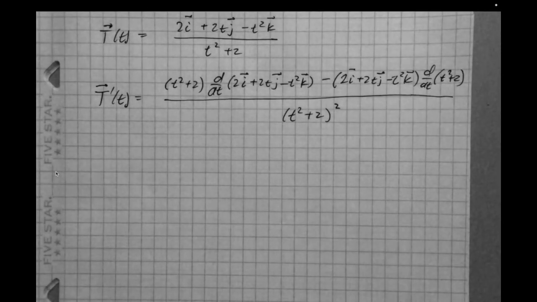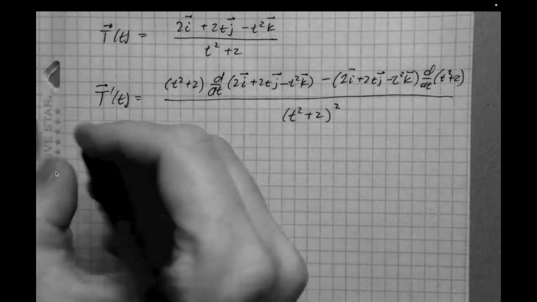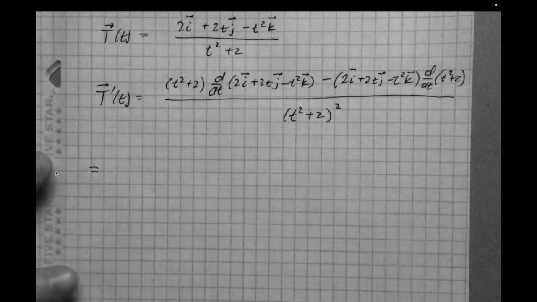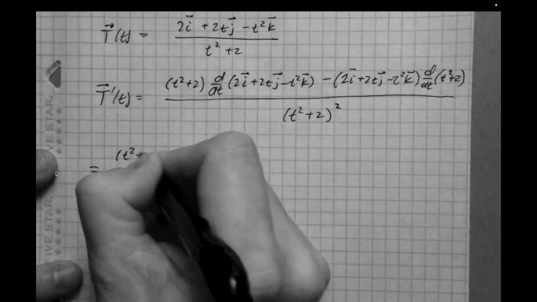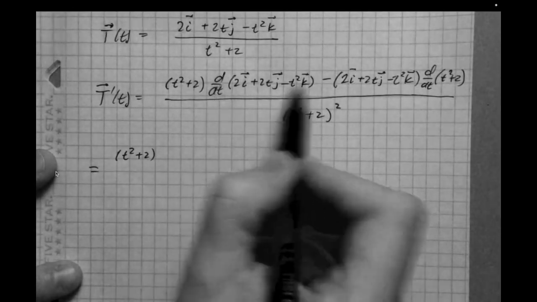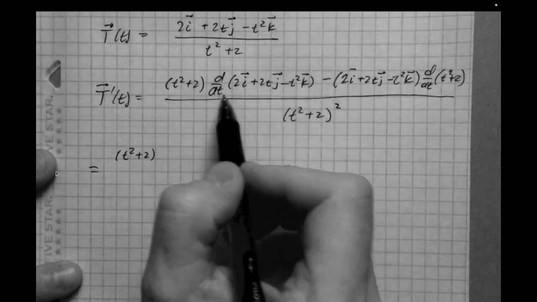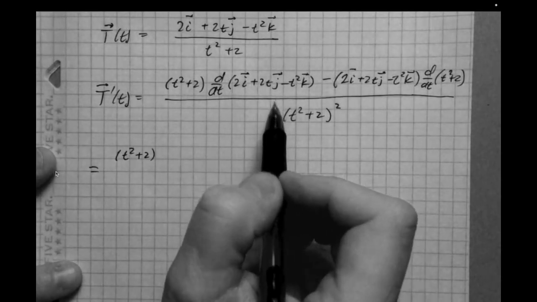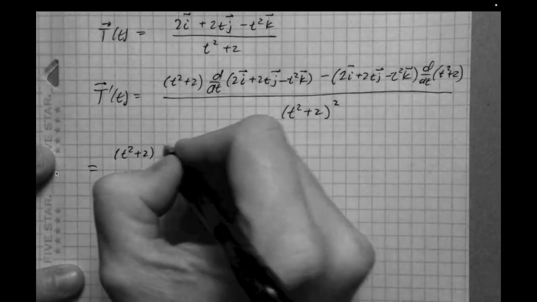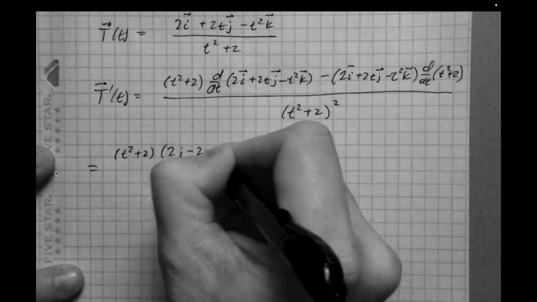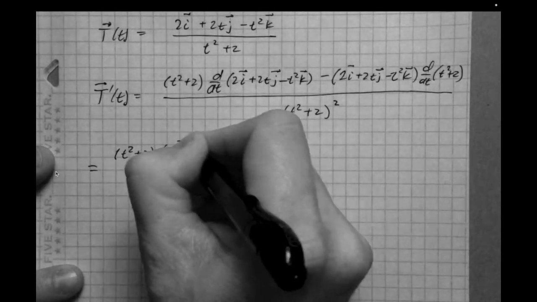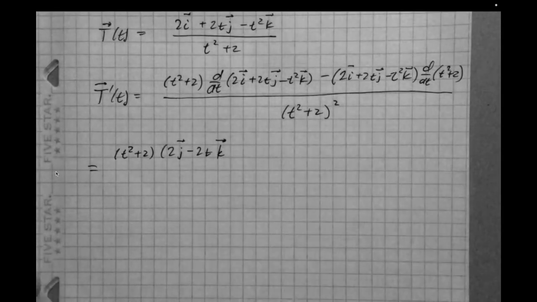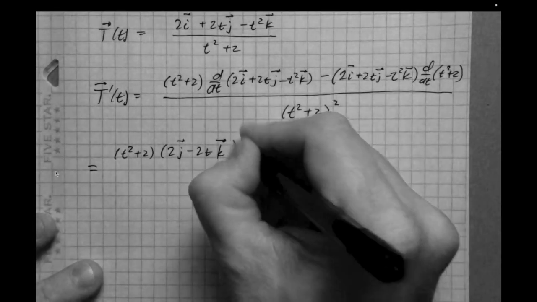Now, fortunately, these are very simple derivatives. The expression is a little bit more convoluted than we might like, but they're relatively straightforward derivatives. So the derivative of this function here is just going to be 2j minus 2tk. The components differentiate really easily there.